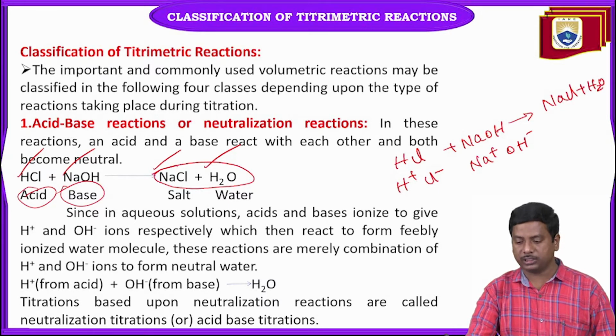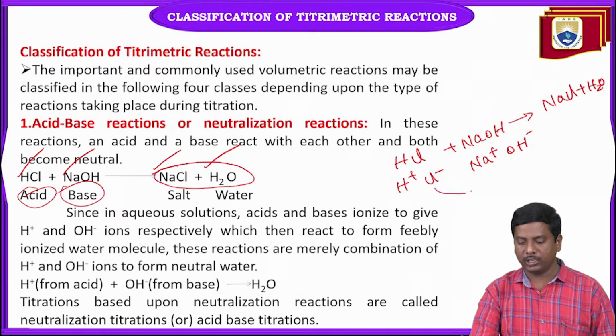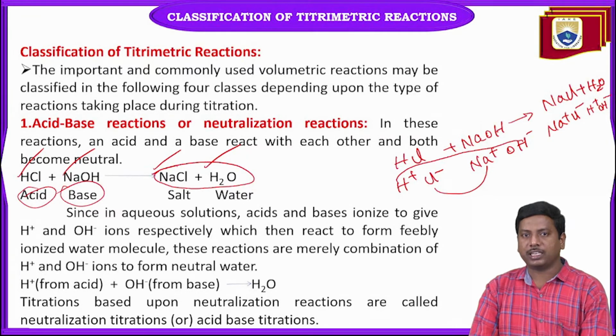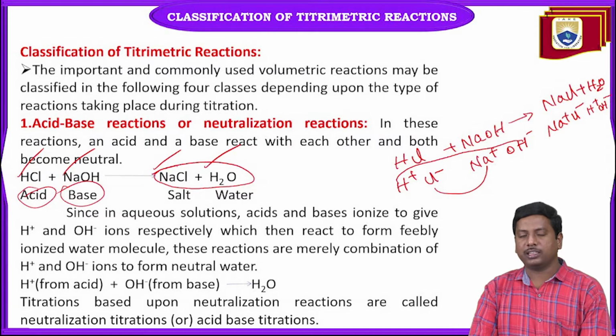These compounds are produced by the combination of cation and anion to give NaCl, Na+ and Cl-, and the feebly ionized H+ and OH- ions combine to give a water molecule, H+ and OH-. So this is the mechanism involved in acid-base or neutralization reactions.